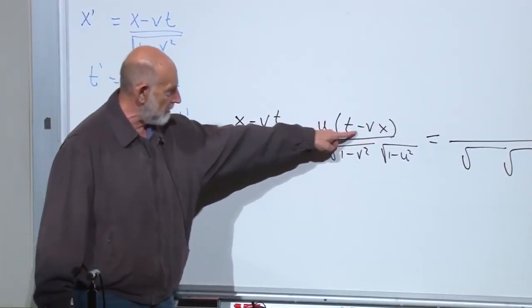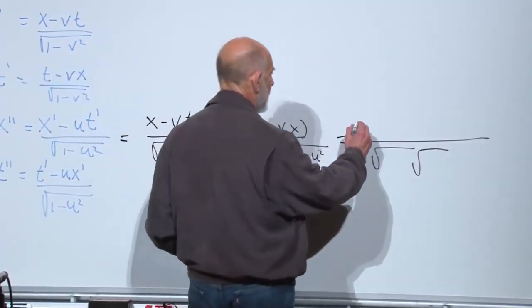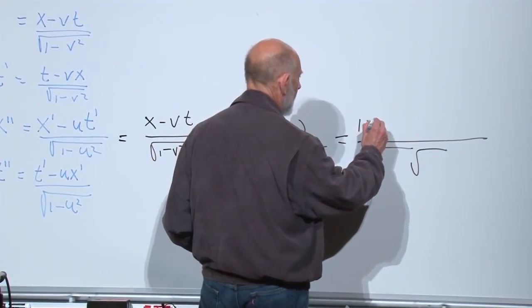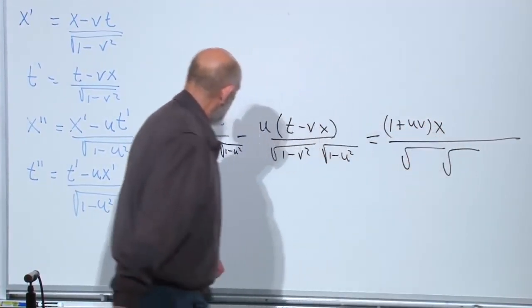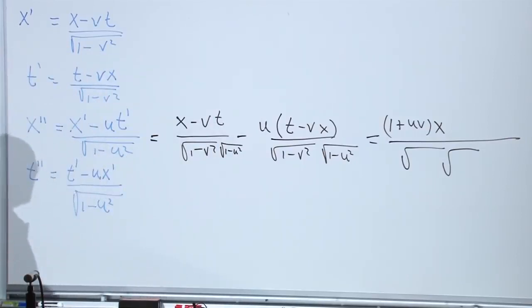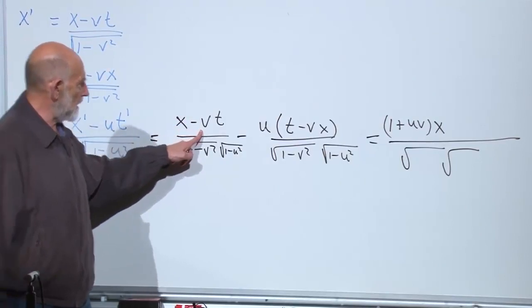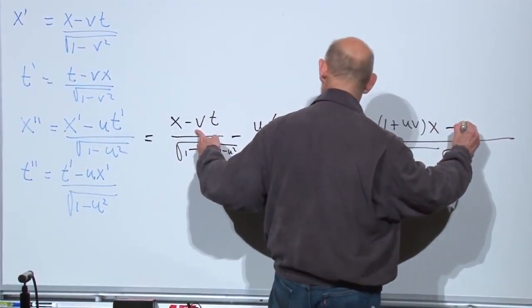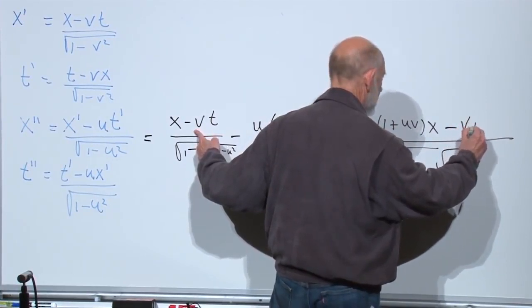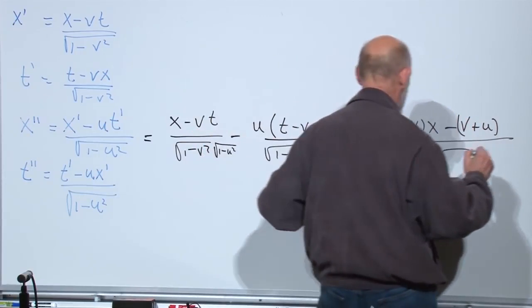Because there's a minus sign here and a minus sign here. X times 1 plus uv x. And what about t? T will multiply minus v plus u times t.